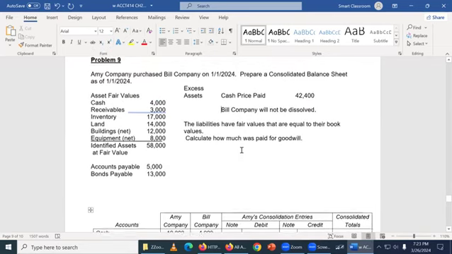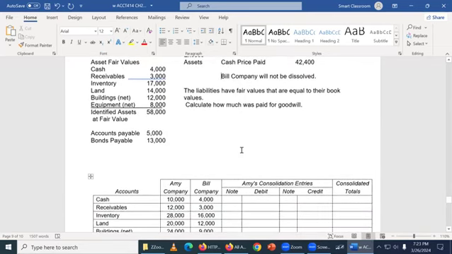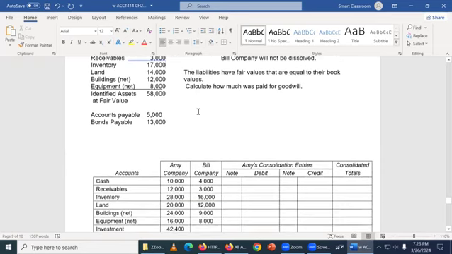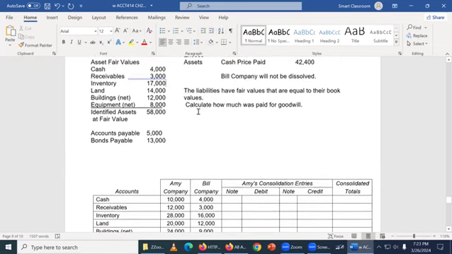Let's see. 4,000, 4,000, 3,000. Inventory looks like it needs an additional thousand?